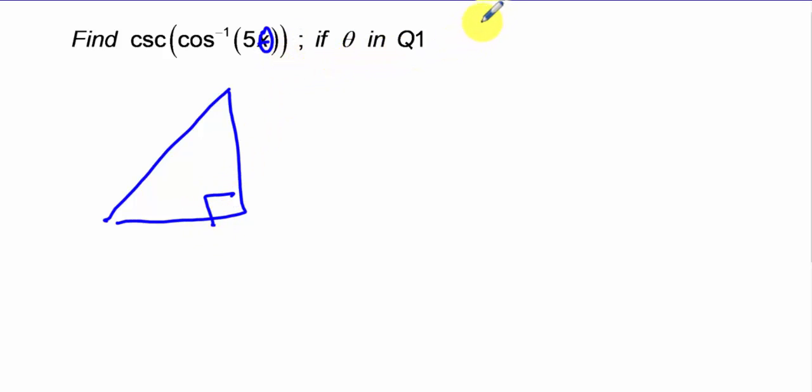Let's make, instead of x, we'll call that theta. And it says I'm in the first quadrant, so I'll draw again a first quadrant triangle. And there's actually a ratio here, 5 theta is equal to 5 theta over 1. And if I'm talking about a cosine value, that's the x over the r value. So my r is 1 in this case, my x is 5 theta.